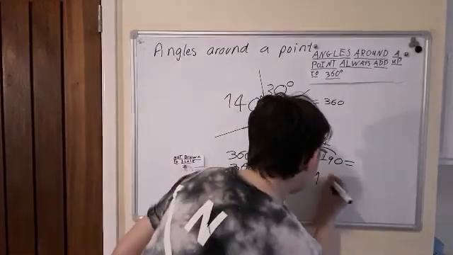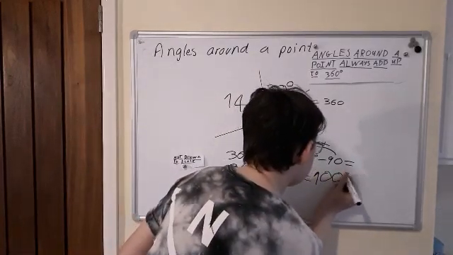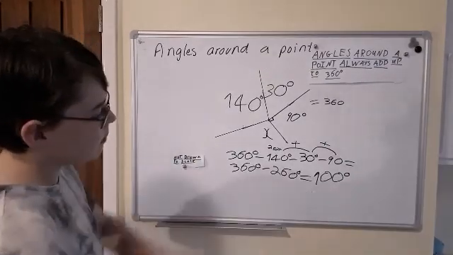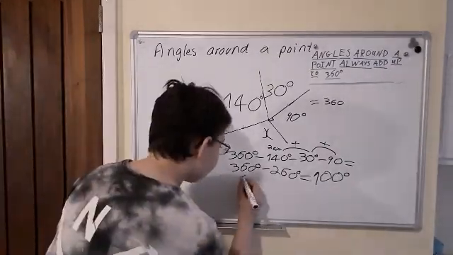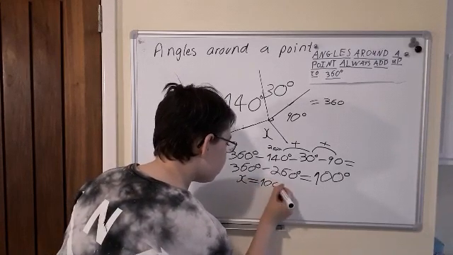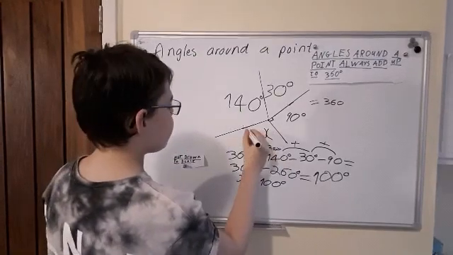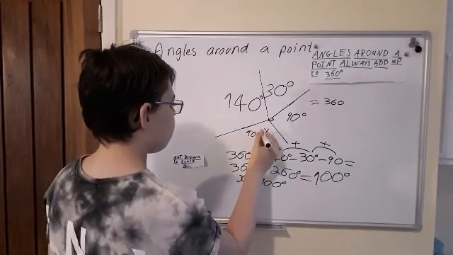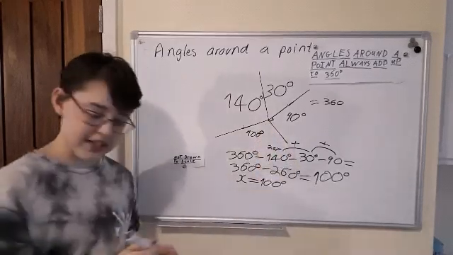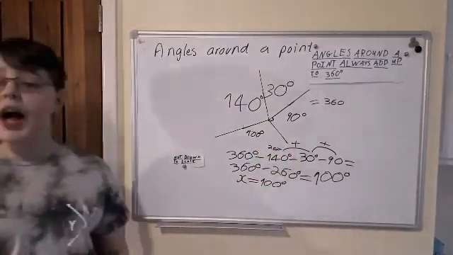So that is 100 degrees. I just did that whilst I was talking, so X equals 100 degrees. So that is the angle of X. That's how you figure out angles around a point.